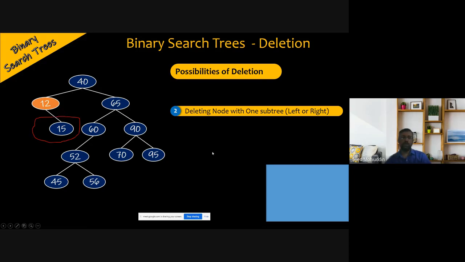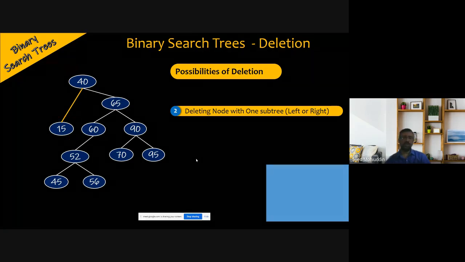So the link from node 12 to node 15 is deleted, and there is a link from node 40. That is, node 15 is made the left child of node 40. This is how a node with one subtree is deleted.